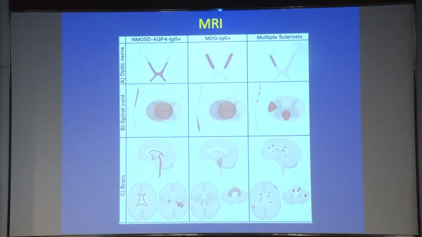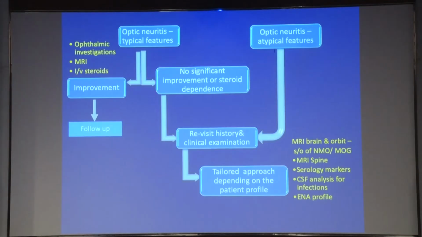This is just a pictorial description of the MRI changes that you actually get to see in the various types of optic neuritis. So just to sum up: optic neuritis with typical features, IV steroids improve, follow-up. If there is no significant improvement or steroid dependence, and you see that the vision comes down the moment you stop steroids, revisit the history and clinical examination, start thinking of NMO, MOG, get blood samples for serology markers, and CSF analysis.